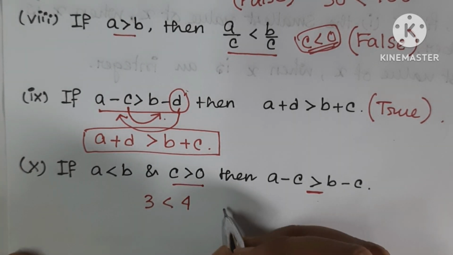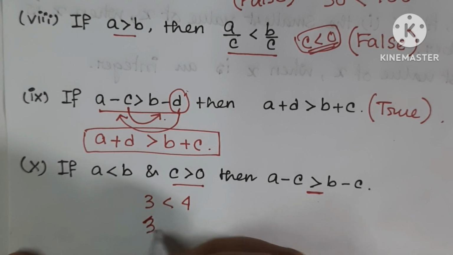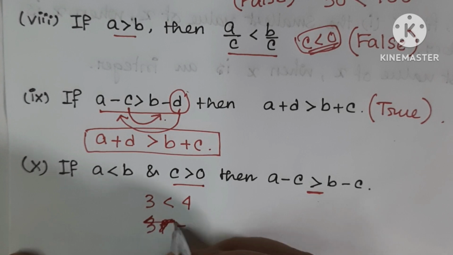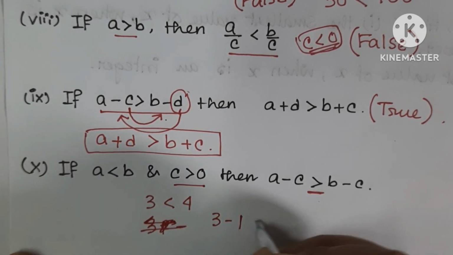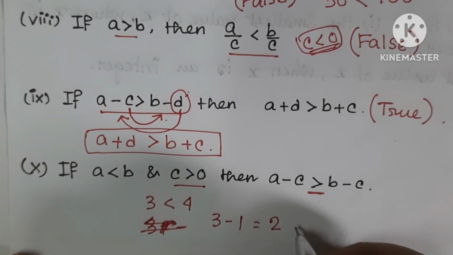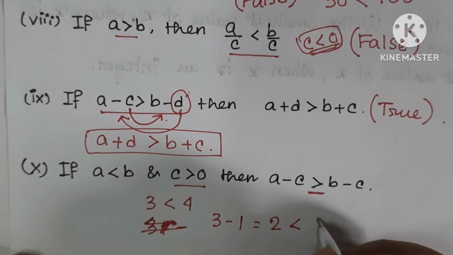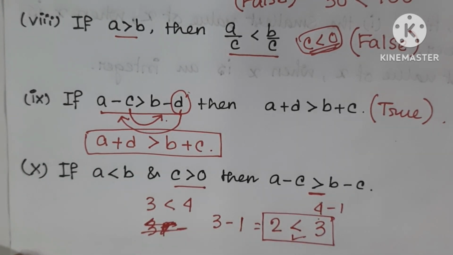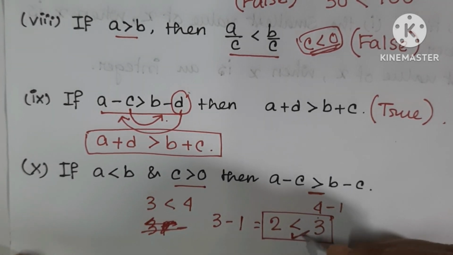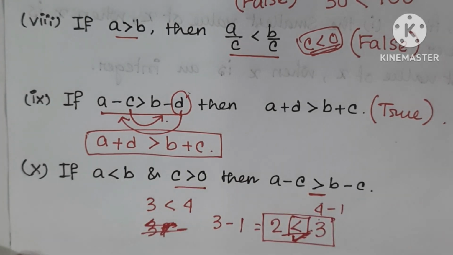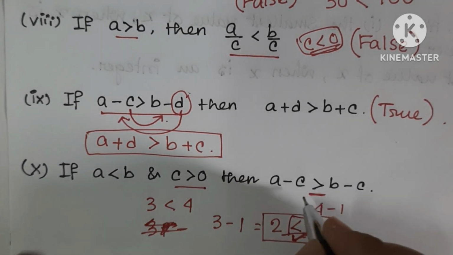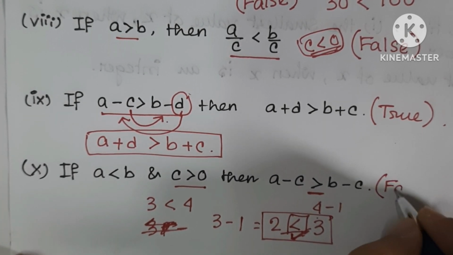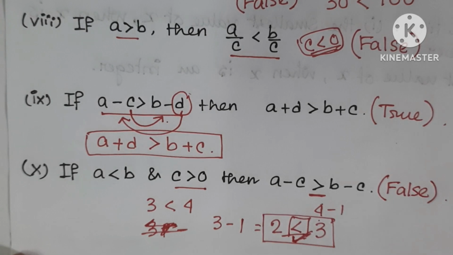Now 3 minus 1 is 2, that is less than 4 minus 1, that is 3. The symbol will remain same. No need to change it, right? So this is not true. This is false.